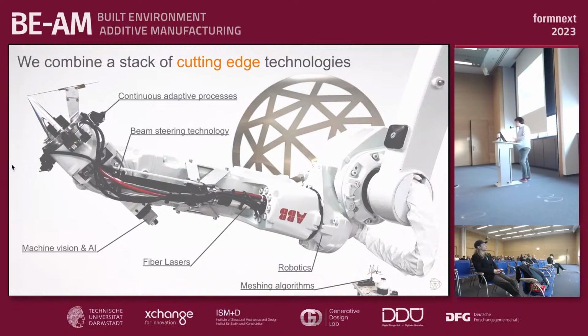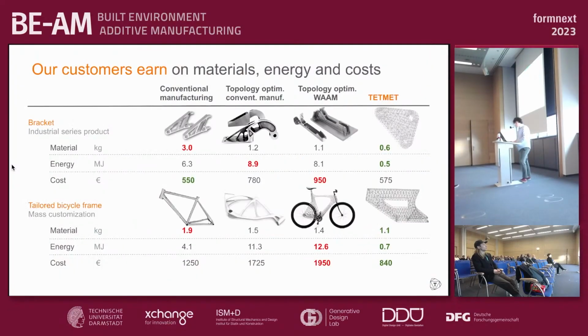So we developed this tool that can be plugged on any 6-axis robot, and of course the software that goes with it. So just some figures about comparison, for instance, for a bracket design or for a bicycle frame. The idea is that we use less material than most conventional processes, much less energy, and it costs about the same.